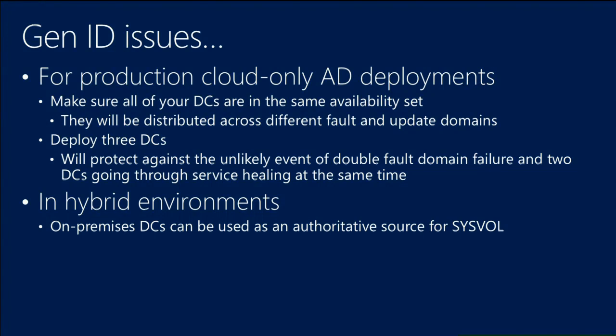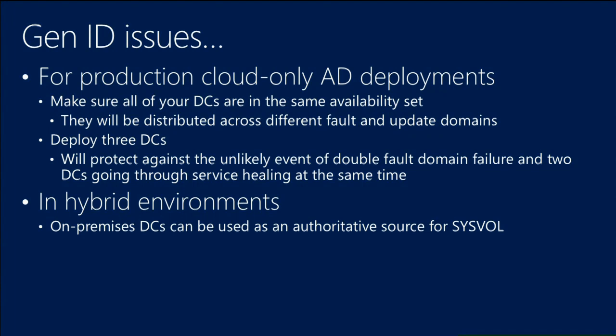And what an availability set is, we put our DCs into an availability set, and it says these DCs cannot all be serviced or healed at the same time. Right? And so what they'll do is they will distribute DCs, or VMs if you like, in an availability set across different fault and update domains.